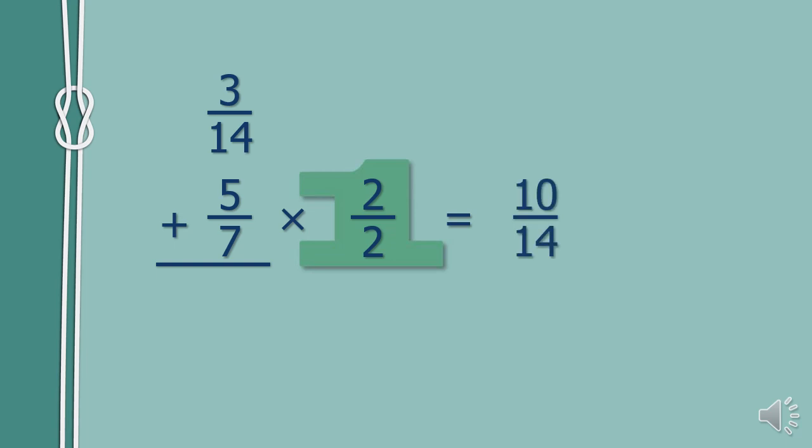And now we have like terms, so we can add them, and that would give us 13/14, and it's a proper fraction, so that's all the farther we need to go to solve that problem. Did you get it right? If you didn't get it right, do you know why you missed it? If you're having some troubles, just give me a call and maybe we can work it through over the phone.